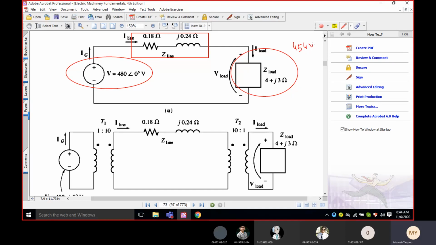Transformers make sure that we provide full voltages to our desired loads.